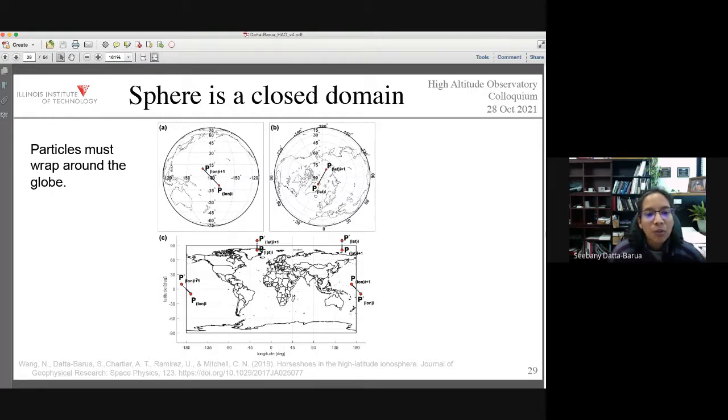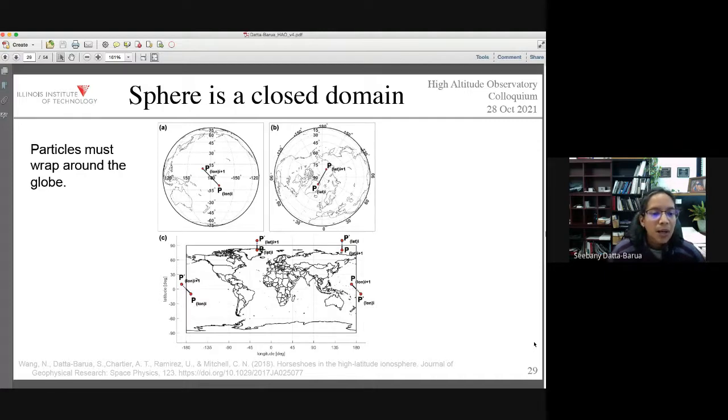And same thing over the pole. When the particle passes over the pole, it needs to come down on the other side, shifted by 180 degrees in longitude. So particles need to be wrapped around.